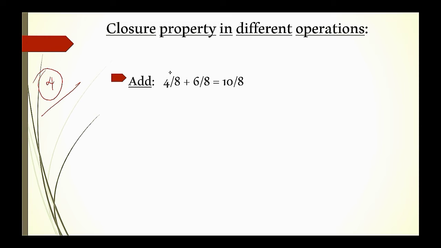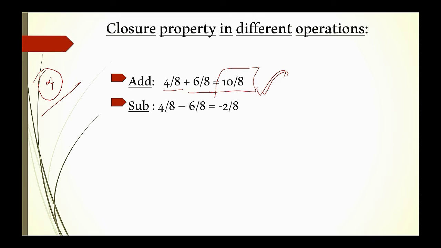First, addition. When I add 4 by 8, which is a rational number, with another rational number 6 by 8, the answer I am getting is also a rational number, 10 by 8. So addition is closed under closure property. Like subtraction.